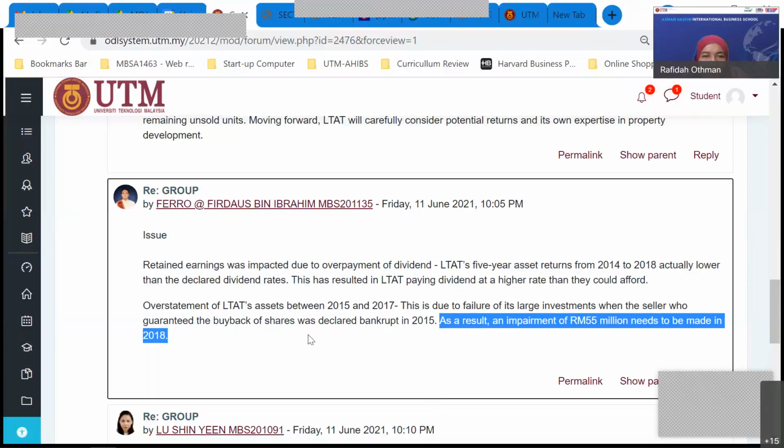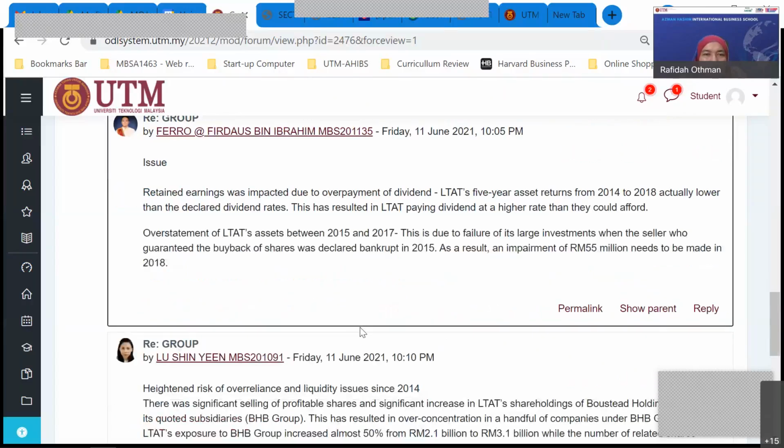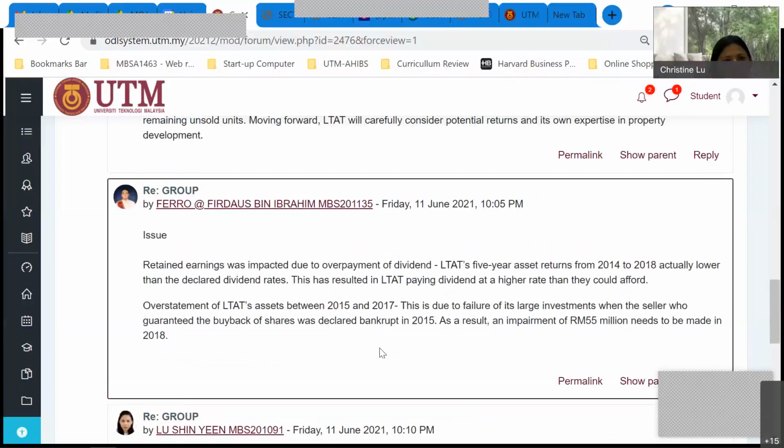When you read LTAT together with Boustead, then you know who is the main culprit here. Because LTAT has made a tremendous investment in Boustead Holdings, when Boustead is unable to perform, their investment is at risk. So I pass to Eva, doctor, for the next issue.